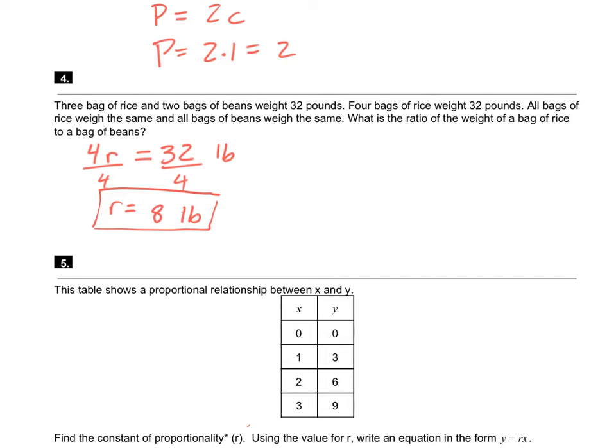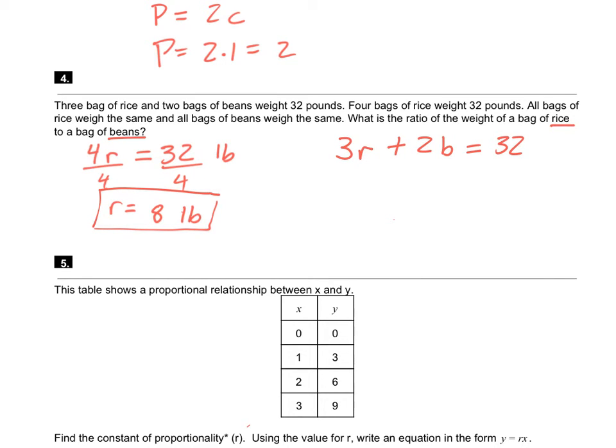Now, we are looking for the ratio between the bags of rice and the bags of beans. We know that we have 3 bags of rice plus 2 bags of beans, and that needs to equal 32 pounds.